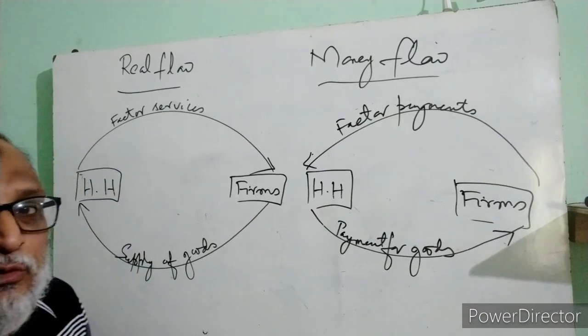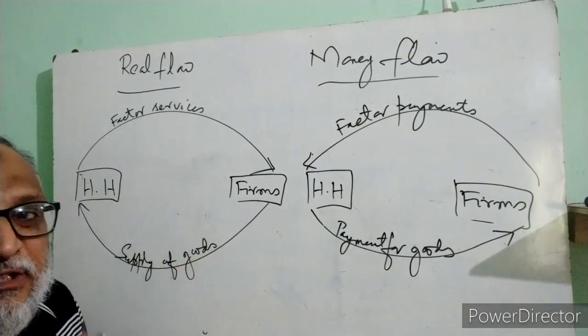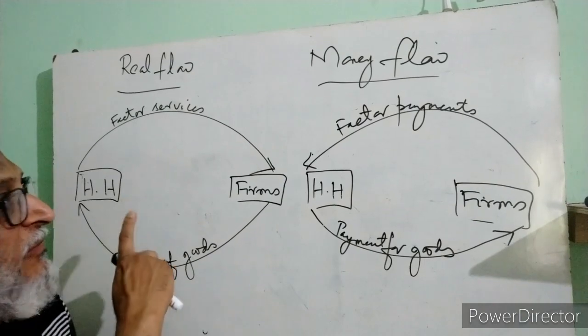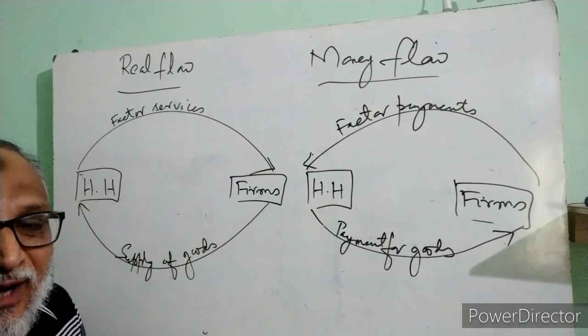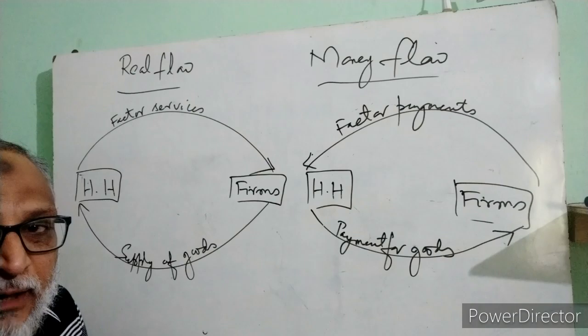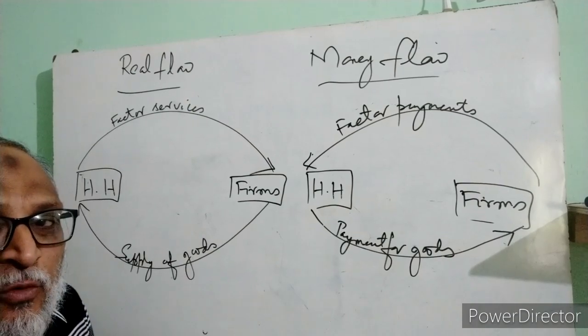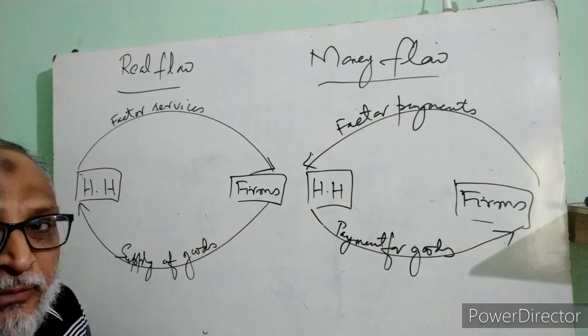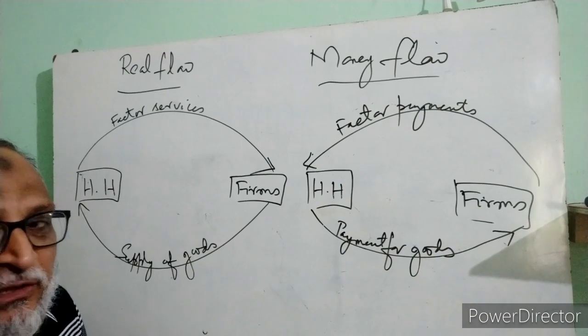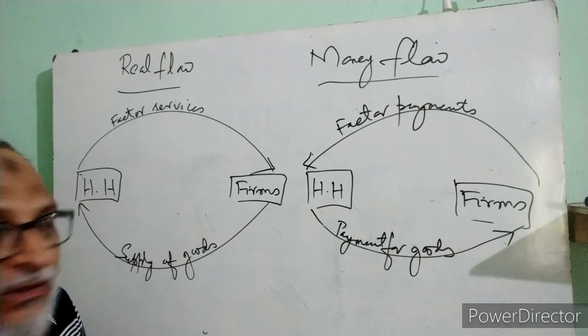Now in this diagram you can see the separation of these two flows, that is real flow and money flow, which I am connecting with the previous diagram that we have shown, circular flow of income in a two-sector economy, and there you have seen the interaction of household with firms and firm with household.